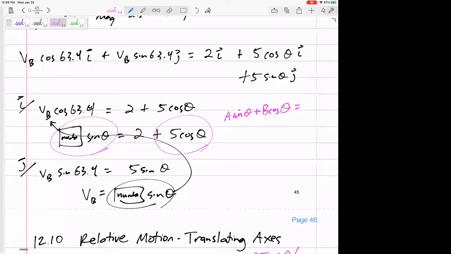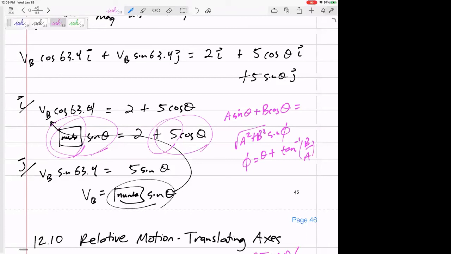I can group those together, and the answer would be the square root of a squared plus b squared, so this number squared plus minus 5 squared, take the square root, times sine phi. This is a different angle, but that's what I would do, and I would solve for phi. Phi is theta plus inverse tangent b over a.